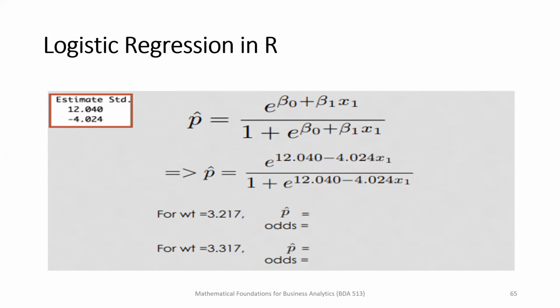So here it is giving us 28%. Therefore, the weight of the car, which is 3.217, is giving us a probability of 28%. So if the probability of the car being automatic is 28%, then the probability of the car not being automatic is 72%, isn't it?